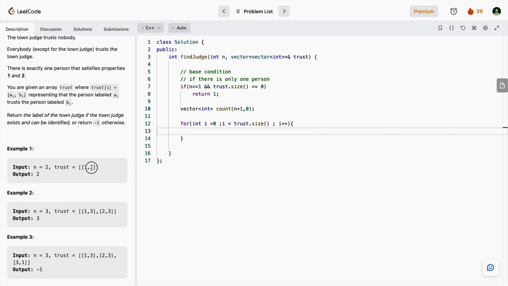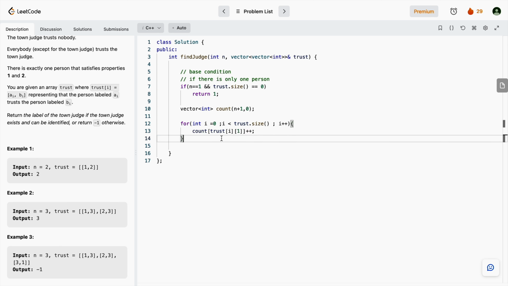So count of trust[i][1], where this is at the 0th index and this is at the first index, and this right-side value, because the first person trusts the third, we have to store the count of this one. I will just write plus plus here, because we will be knowing the persons trusted.